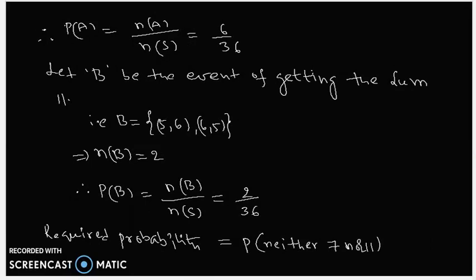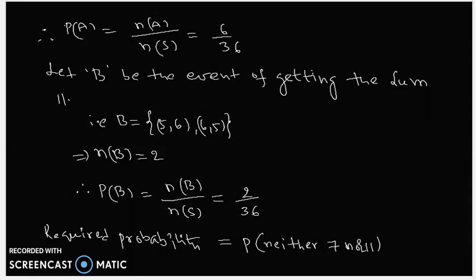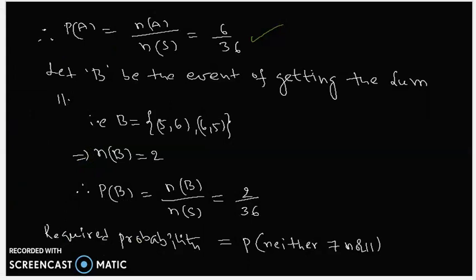Now we are going to find probability of A. Probability of an event A in this experiment is n of A by n of S, that equals 6 by 36, where n of S, the exact number of cases in the experiment, is 36. Now we are going to construct another event for the sum 11.